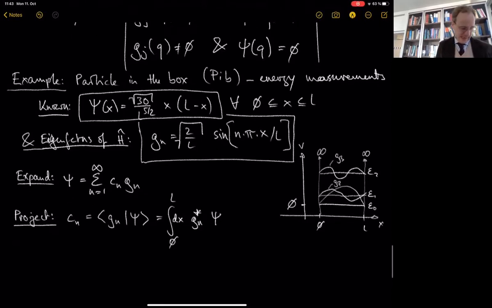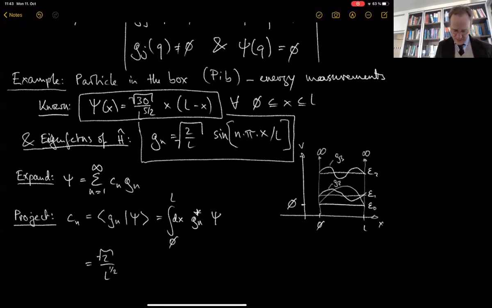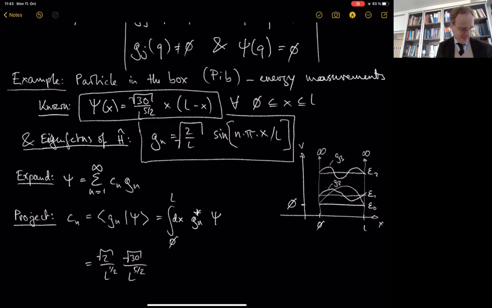We can just write this out as the square root of 2 over L, to the power 1/2, and that's our square root. I'll write it like this in the denominator, because then we can also unite it with the L to the power of 5/2 for the wave function, and then we are left with dx. So these were the prefactors. We have the eigenfunction, and we have our wave function.